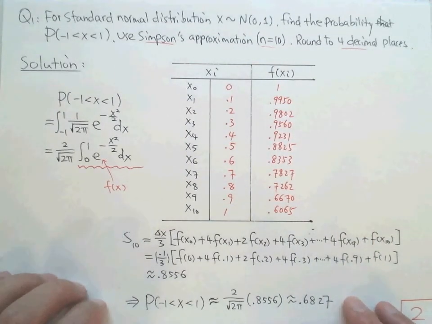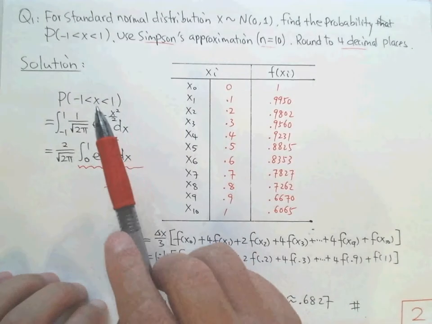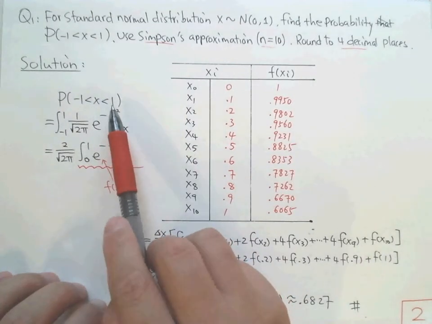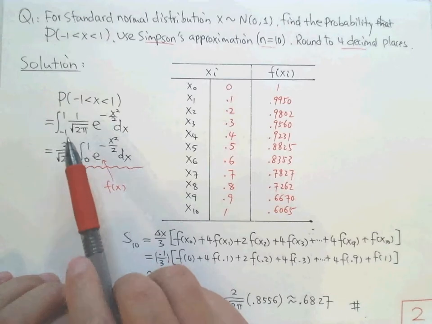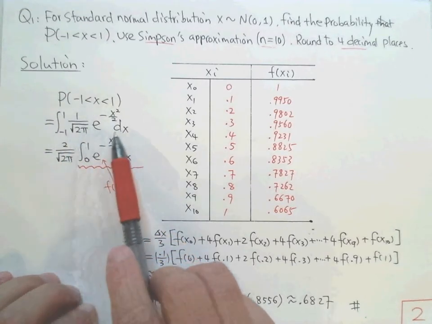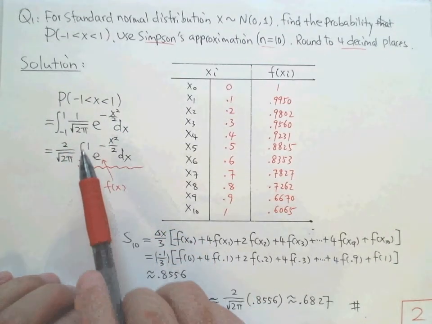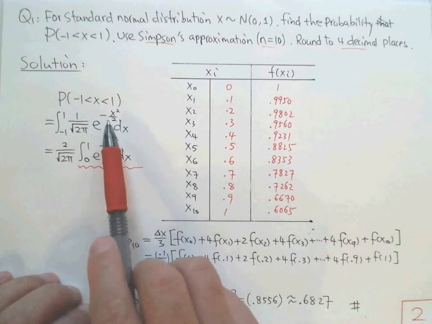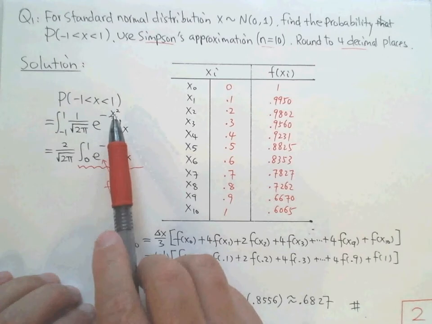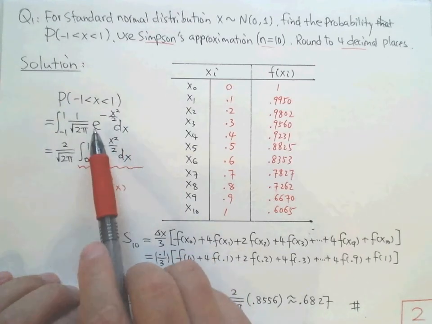How do we do it? First, the probability based on the definition is the definite integral from -1 to 1 of the PDF, a Gauss function, and when you put mu equals 0 and sigma equals 1 into that PDF, you find this. We will not go back to that.